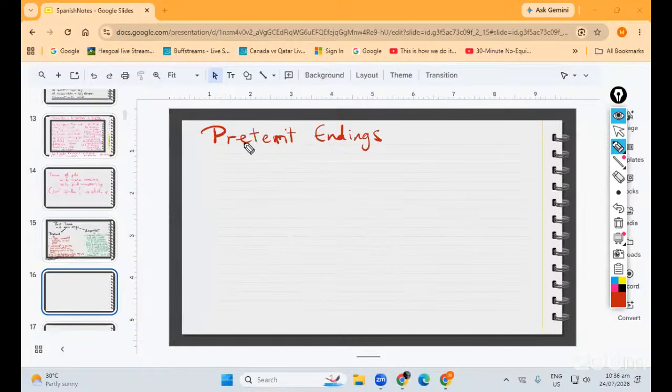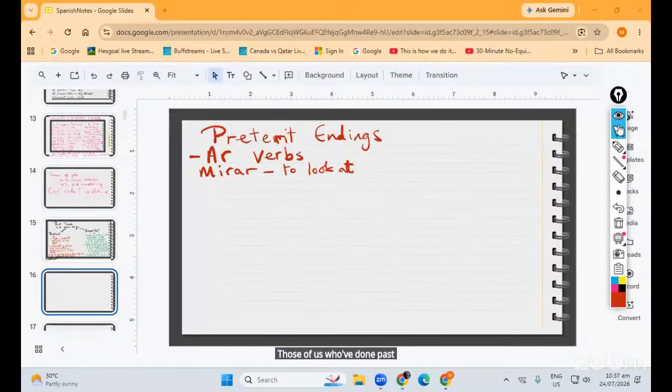Now, luckily for past tense, it's just two sets of endings, right? So if I have the verb mirar, we'll use as an example, which means to look at, to watch, right? Those of us who've done past tense already, can you conjugate for me in the chat, mirar in the past tense?